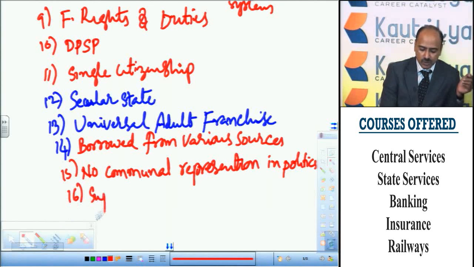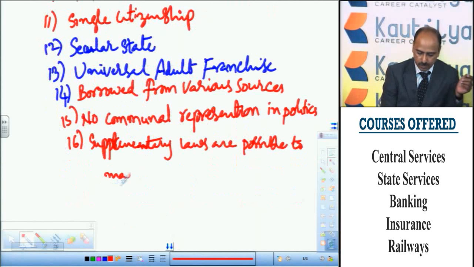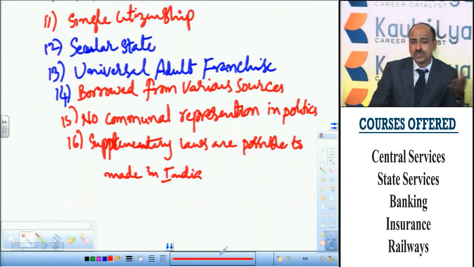Supplementary laws are possible to make. Whenever we require constitutional laws, we can make them through amendment of the Constitution.